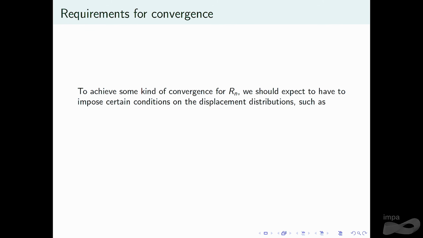And to do that, we should expect to have to impose certain conditions on the displacement distribution. So naturally, maybe we might consider a centering condition. So might ask ourselves, okay, does every displacement need to be centered? Do displacements on average from a vertex need to be centered? Or maybe is there some averaging over the tree, and that centering needs to occur? Similarly, some kind of finite variance assumption, maybe.